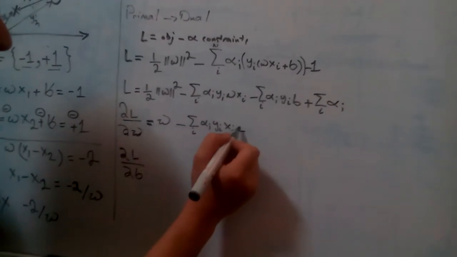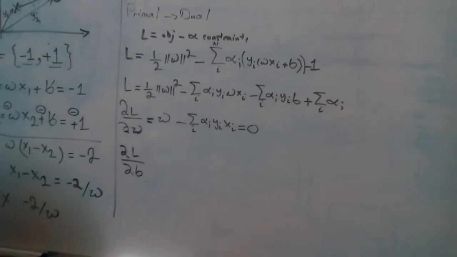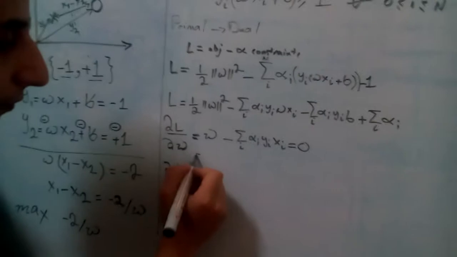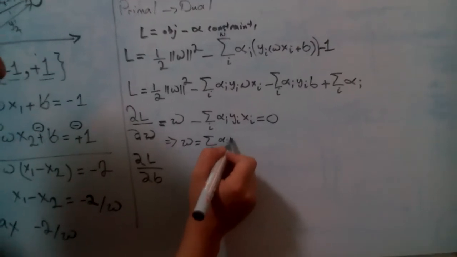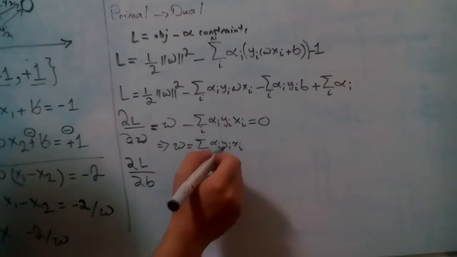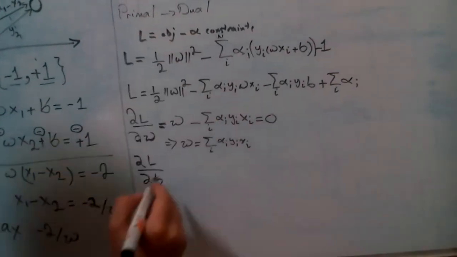And finally, all of this, the derivative, equals 0. From this one, we find out that omega equals sum over i of alpha i, y of i, x of i. This will become useful when we do the inverse transformation from dual to primal.